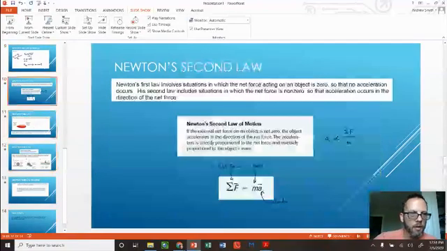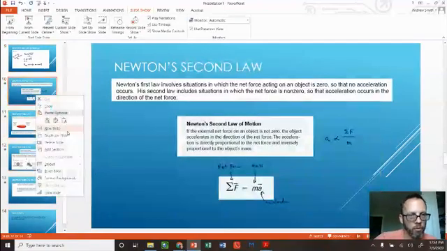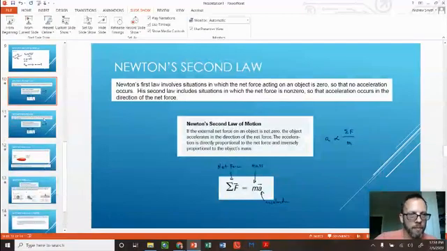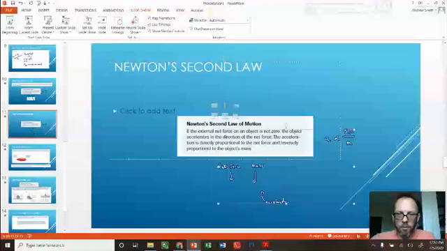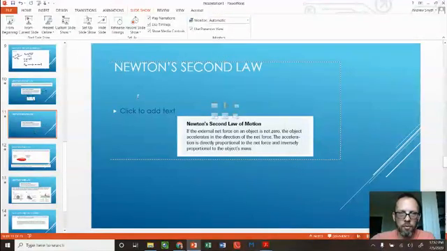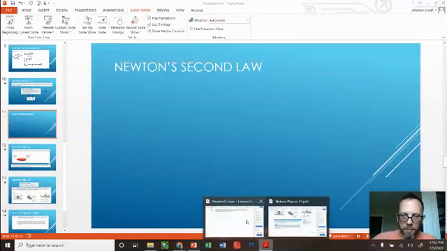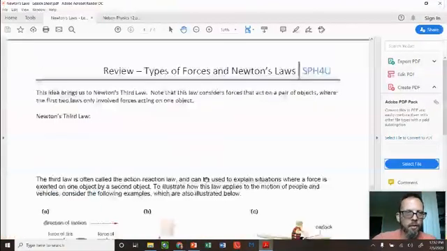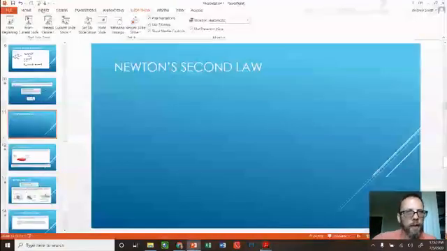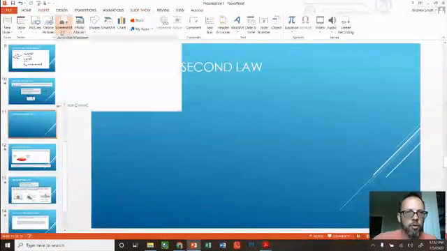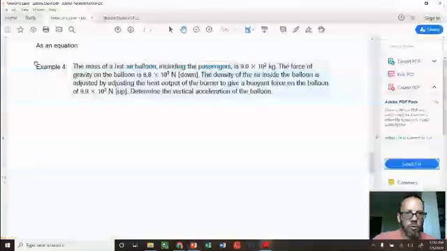So we've done Newton's second law. I'm going to duplicate this slide and clear this stuff out. And I think I have the lesson sheet here. I do. There's our example, and I want that in here. So I'm going to insert, screenshot.